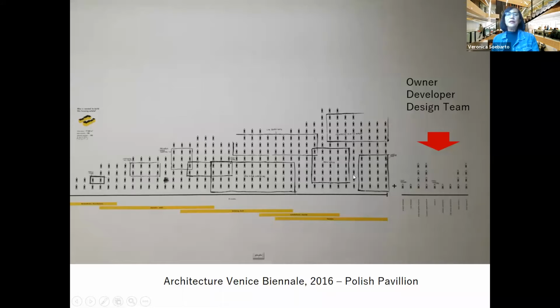And often, if a building is successful, or whether it's called a green building, those who get recognized are the owner, the developers, and the design team, the architect. Like what I said before, that gallery was designed by James Stirling, so he got recognized. But who did not get recognized?